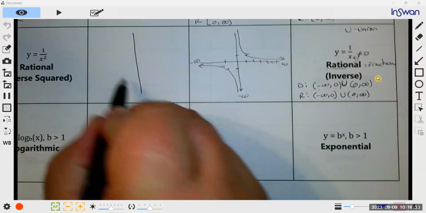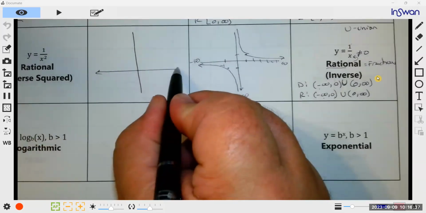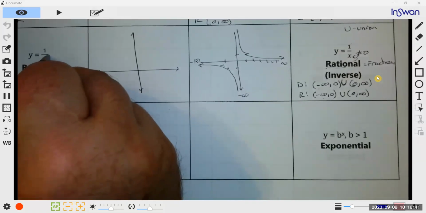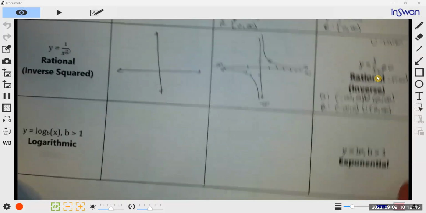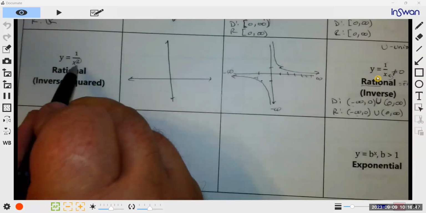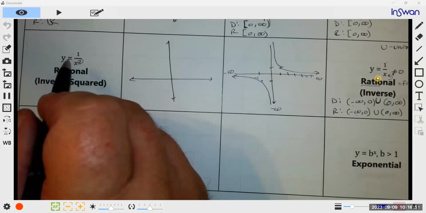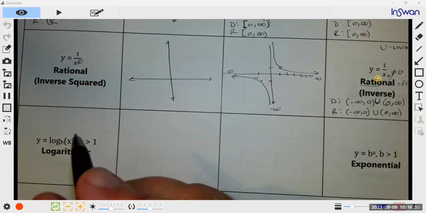Now, if we have a rational equation that's got an even exponent, 1 over x squared. Remember, whenever you square something, it can never become negative. Negative 3 squared is negative 3 times negative 3, which is positive 9.